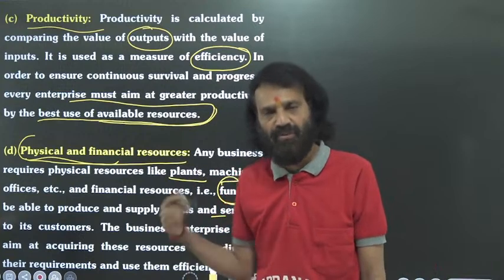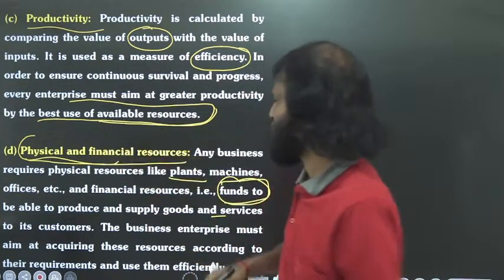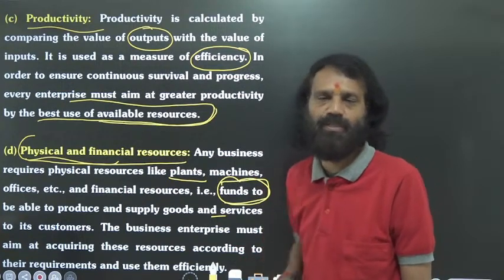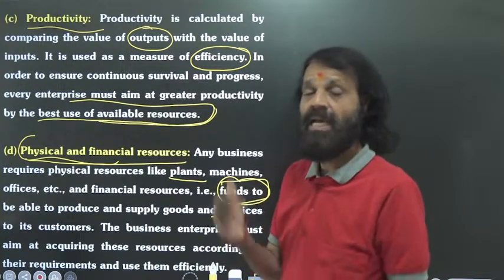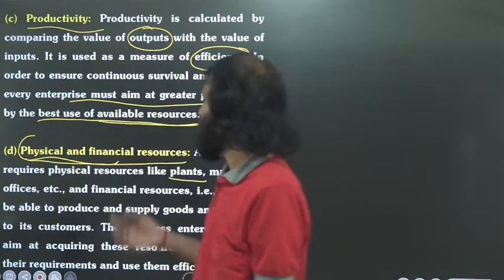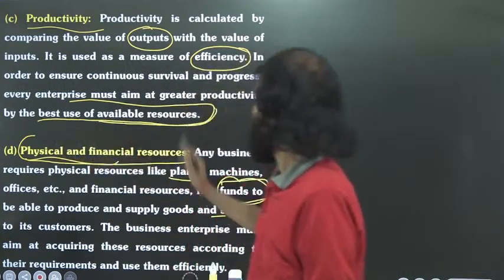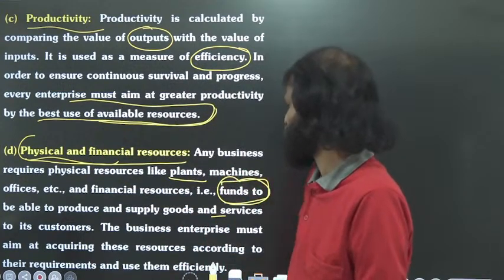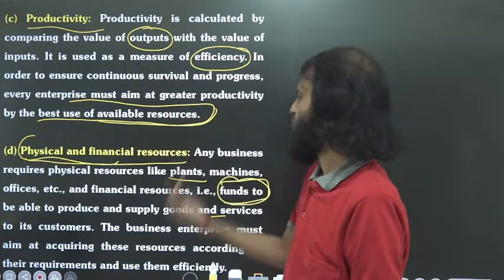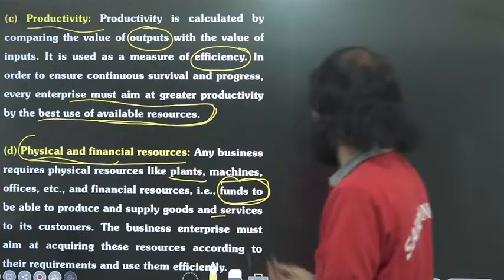You must be skilled, educated, and very highly professional with a high level of talent within you, and you must have innovative ideas as well as other physical and financial resources. Physical resources mean you must have plants, machineries, office, etc. At the same time you must have financial resources too.